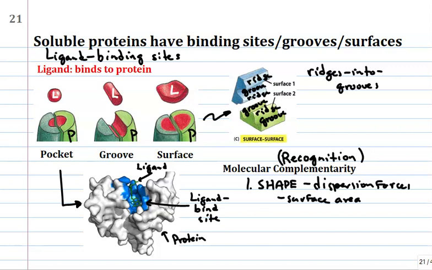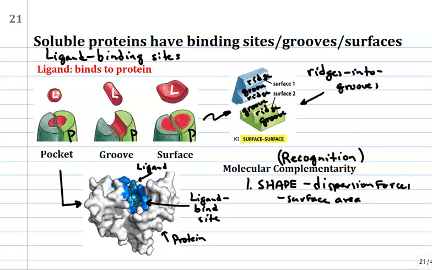So this is a great example of ridges into grooves. And it usually is a surface phenomenon. If you want to call it interdigitation, this is kind of like interdigitation. This is a very, very good way for two surfaces to interact. So the surface of the ligand will bind to the surface of the protein, ridges into grooves.